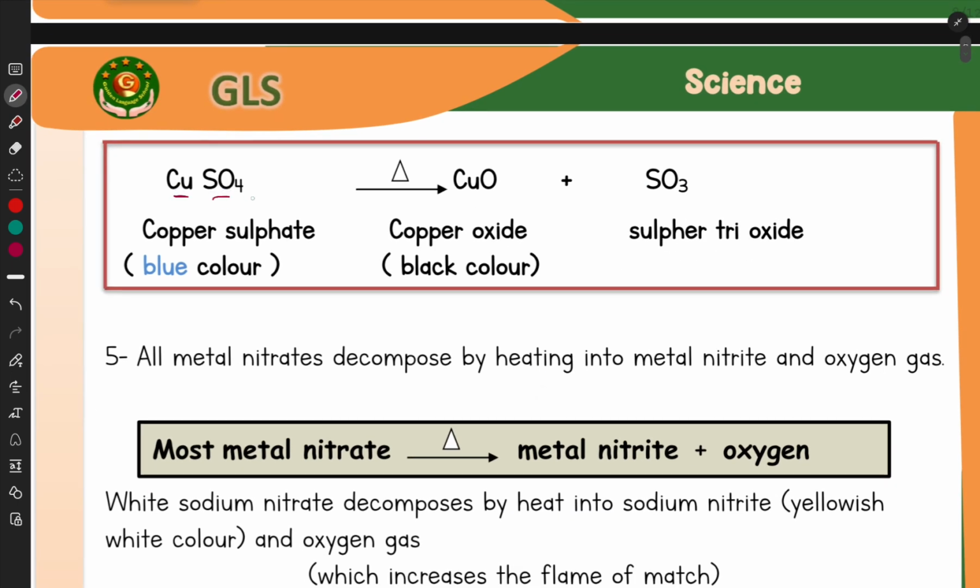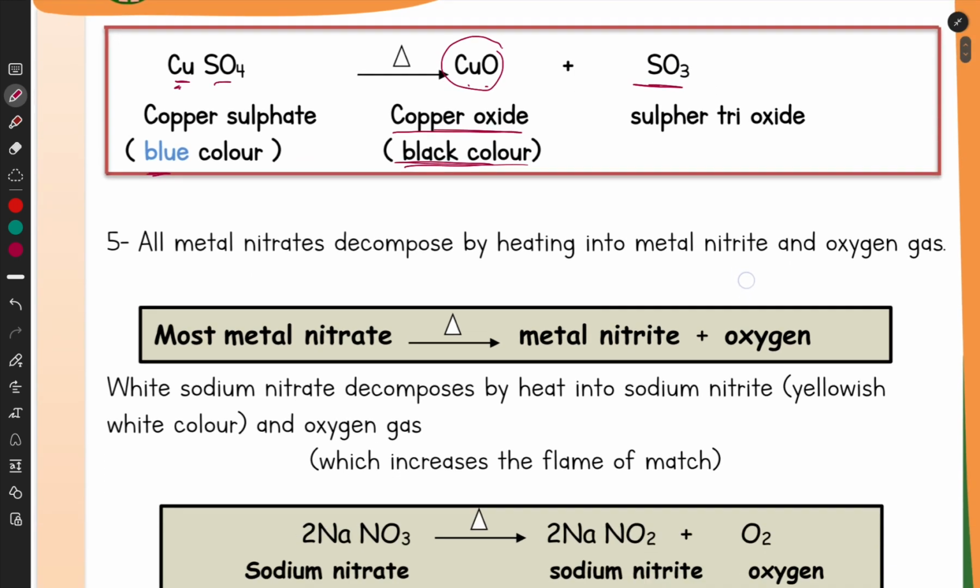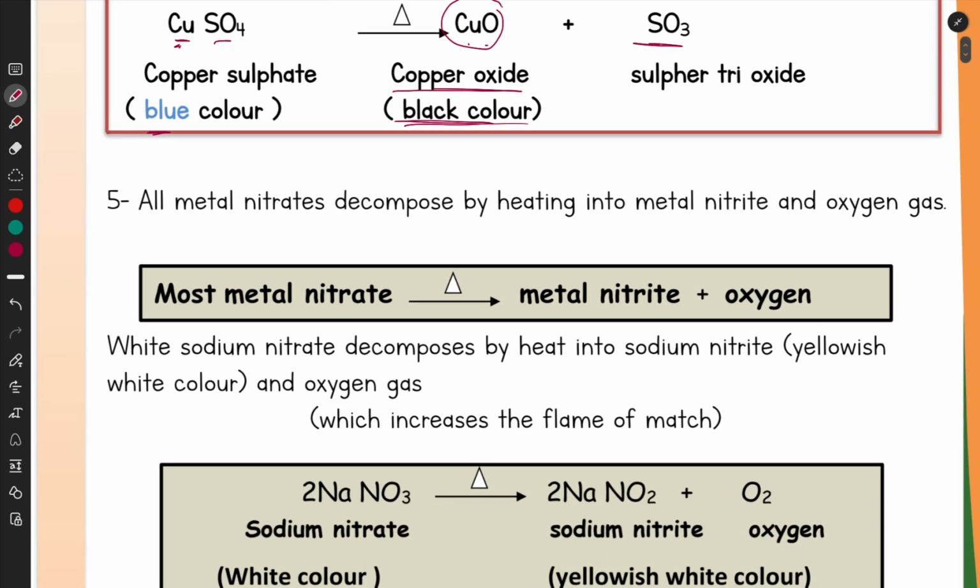Copper sulfate is blue in color. This will produce CuO, because copper loves oxygen, copper oxide, which we know is black in color, plus sulfur trioxide. Okay, this is obvious.